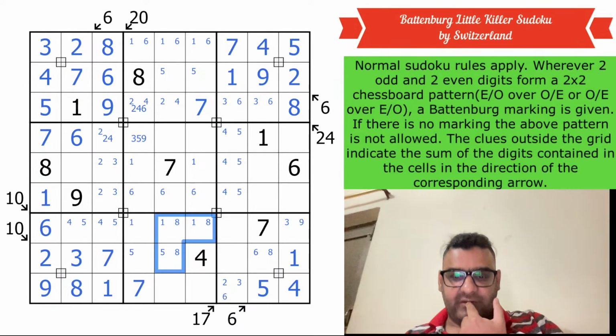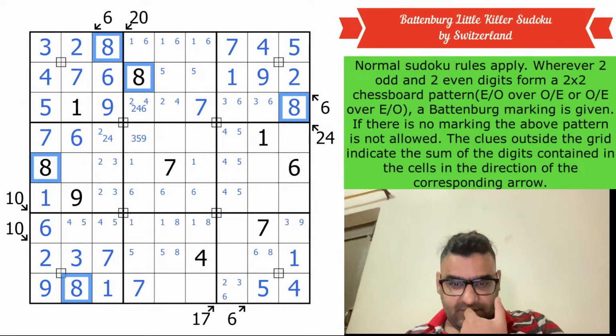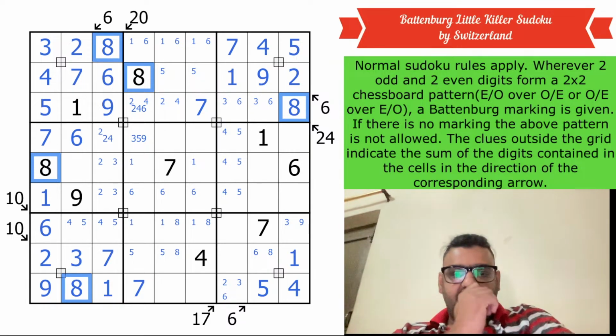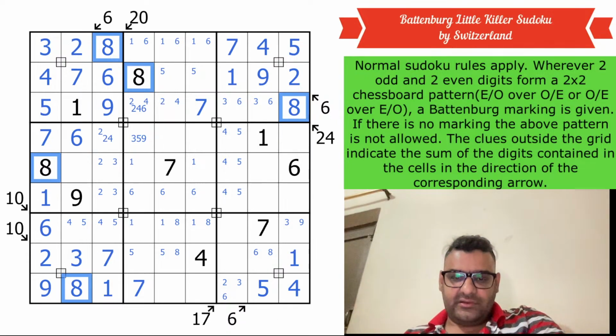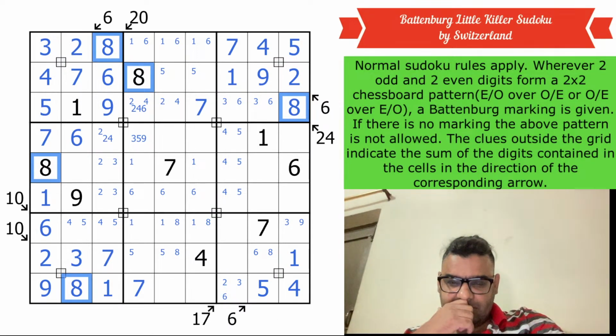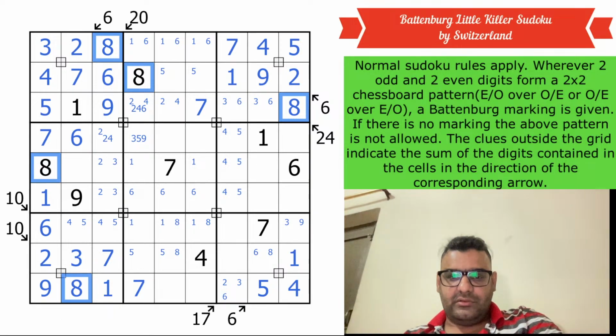If we go to eight again, where is eight in this middle? Eight cannot be here. And these three not, these two not. It can be here or it can be here.